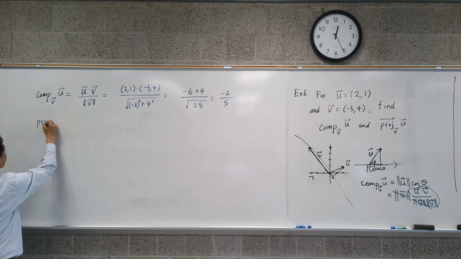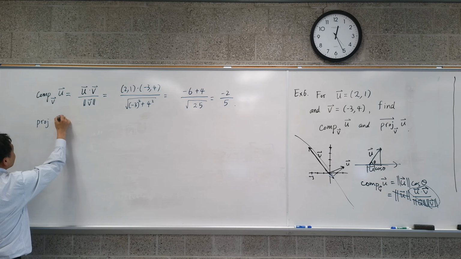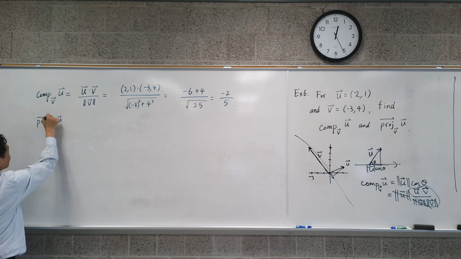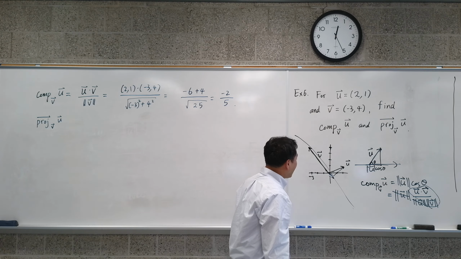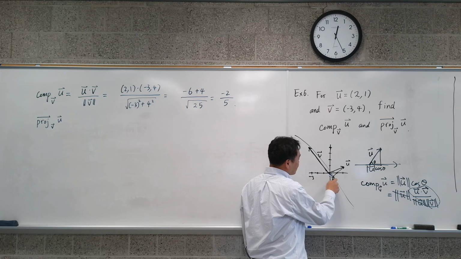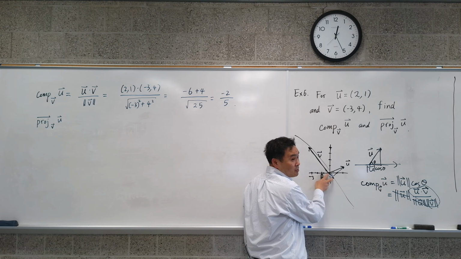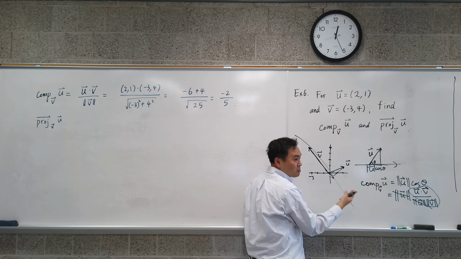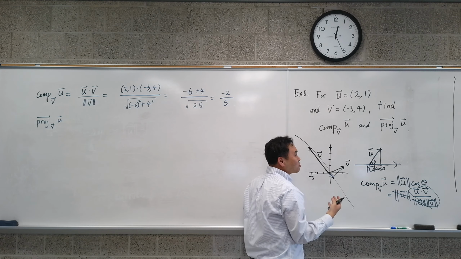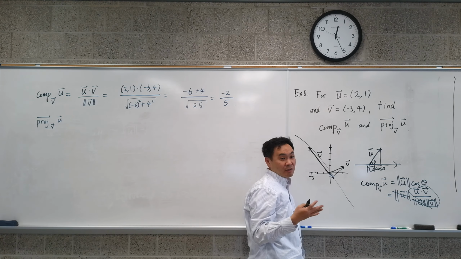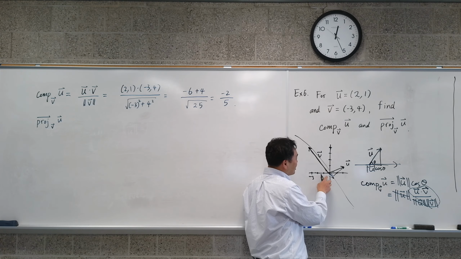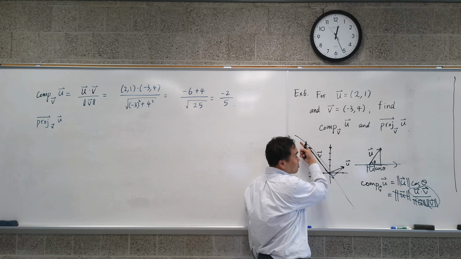Now, projection. What's a projection again? It's the same thing, but now we just have to turn it into vectors, okay? So I need this as a vector, which needs to have magnitude 2/5, and it has to have the direction of -v. Or another way to say it would be, it's kind of wrong to say magnitude is negative because magnitude is always positive, right? But think of it like negative magnitude in this direction, okay?